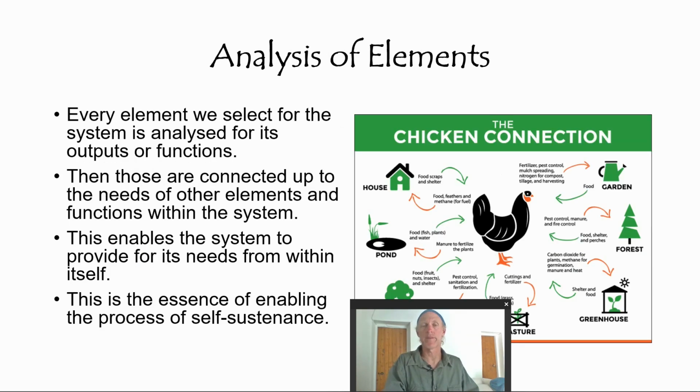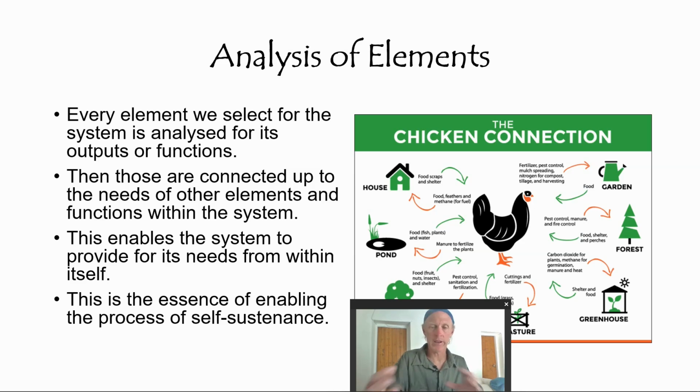Every element that we bring into our design needs to be analyzed for its outputs, for its needs, and for its characteristics. So we know how it functions, and therefore we can connect it up to needs in the system. We can use it to support other functions in the system.